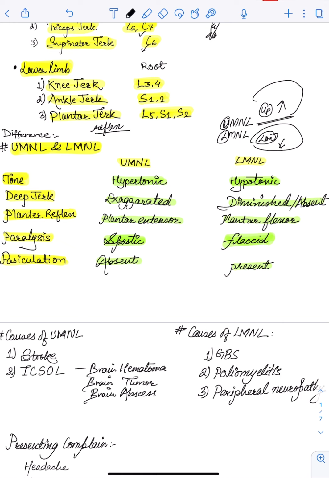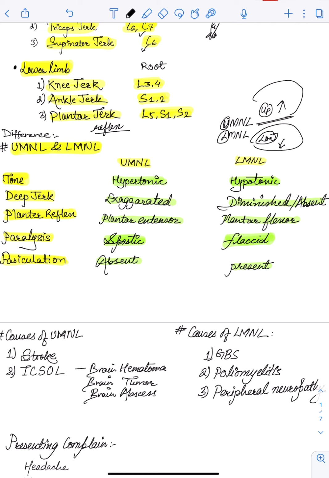So it's easy to remember: tone, deep reflex, plantar reflex, paralysis, fasciculations. Tone, deep reflex, plantar, paralysis all increase in upper: hypertonic, exaggerated reflex, plantar extensor, spastic paralysis. Fasciculation is absent in upper motor neuron lesion, and it's the opposite in lower motor neuron lesion.